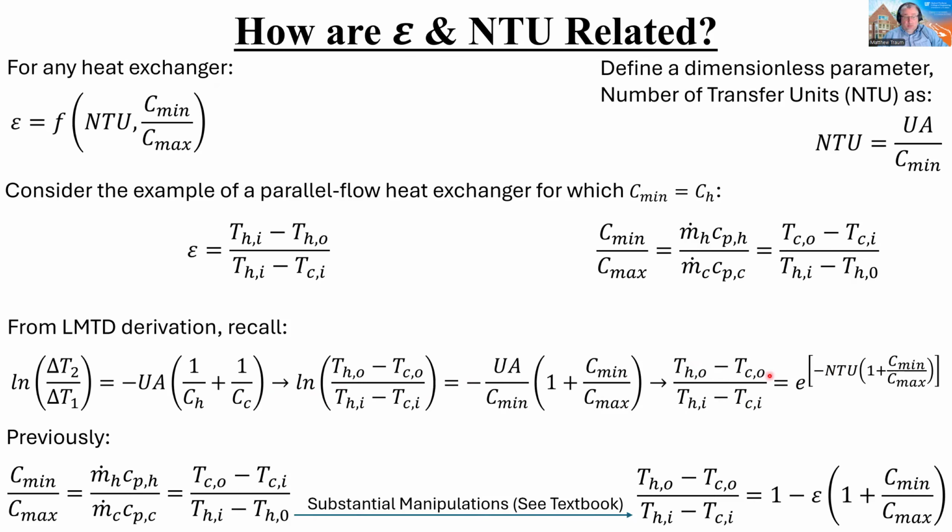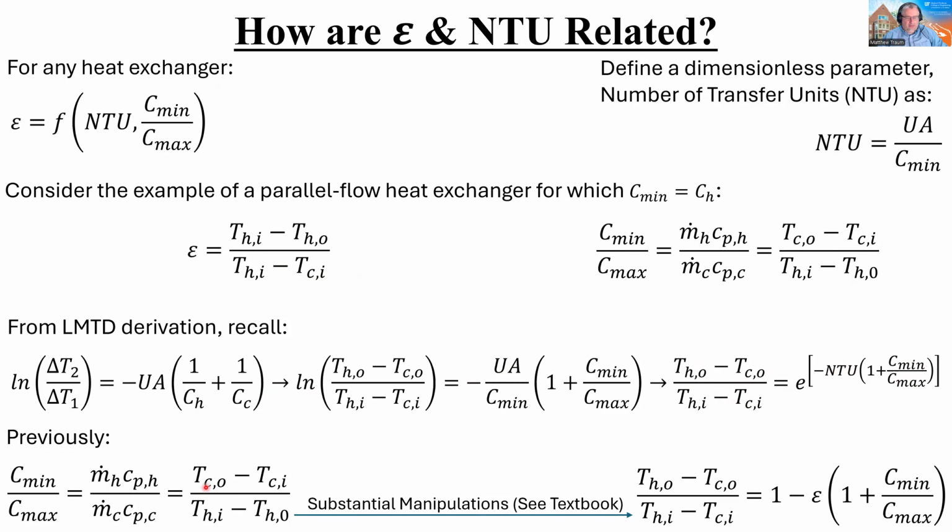Okay, so this is pretty good, because now I have this weird ratio of temperatures that at least has the same denominator as this guy, and it has NTU in it, and it has the ratio of heat capacities in it. So we're getting there.